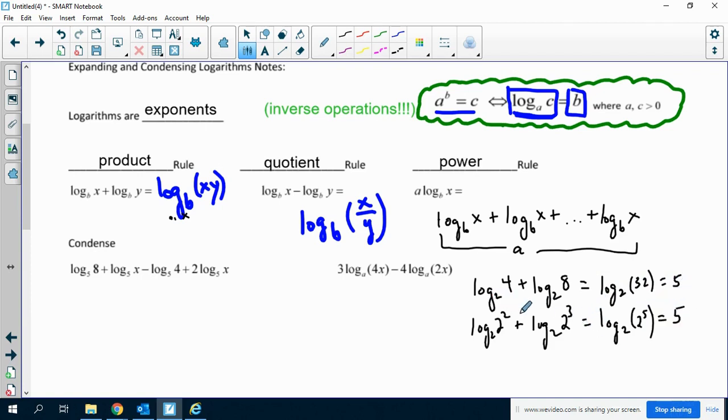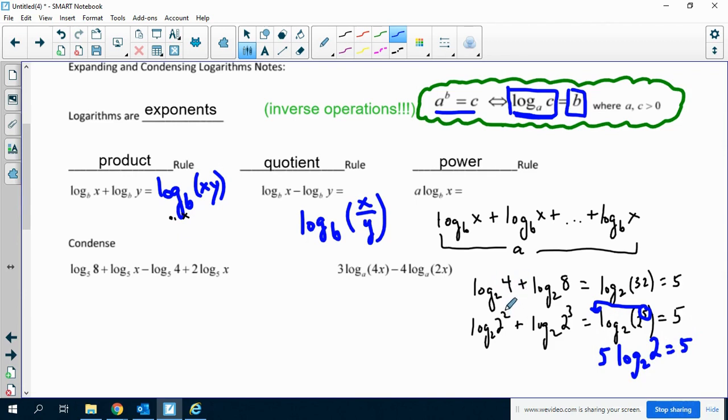So essentially what's going on here is if I have this number and I have some kind of 5 out here, I can rewrite this in the front, because 5 times log base 2 of 2 is going to equal 5.